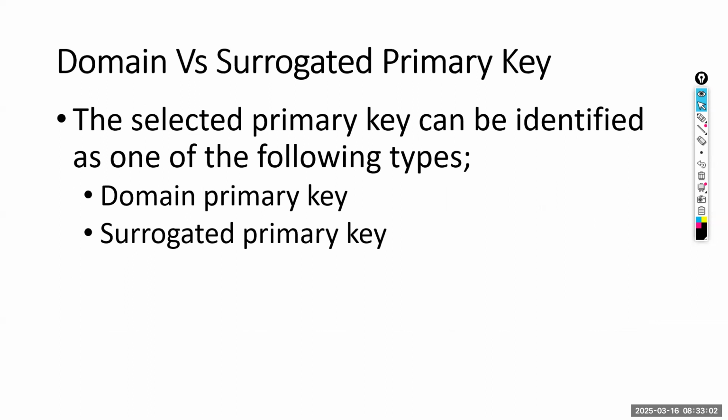For example, if you select national ID, NIC, as your employees table's primary key, now you know that NIC has other meanings. They use NIC in different places. Even police will ask for NIC for identity. So then it is a domain key.